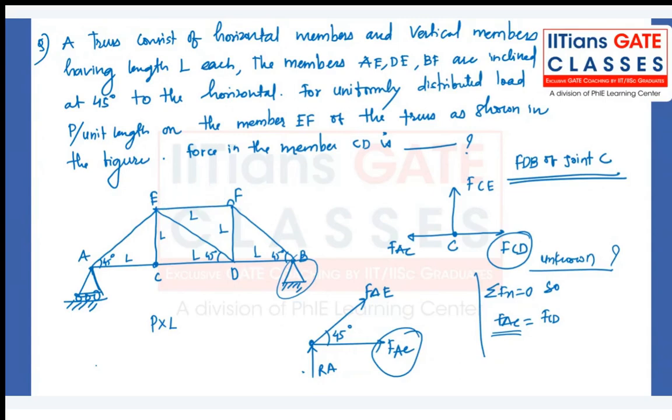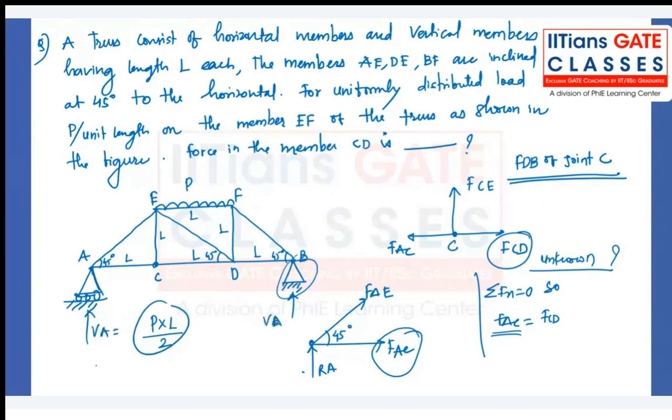Then PL by 2 will be the reaction at each support. Do you agree? This VA and VB has to be equal to PL by 2. Okay, correct.